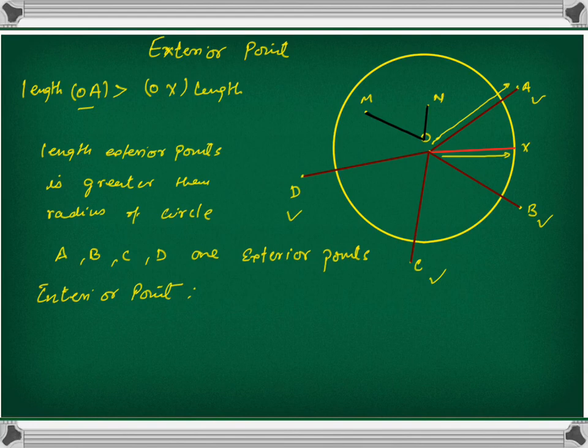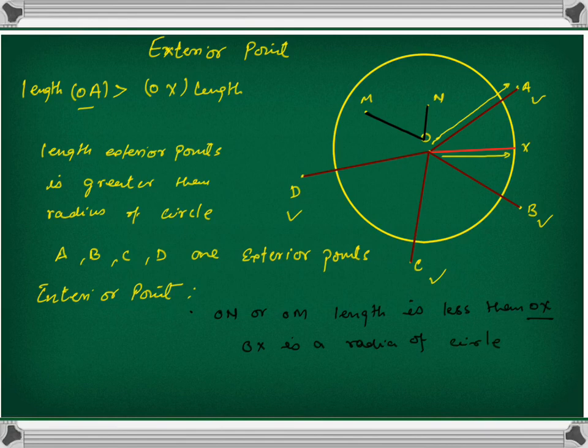So the distance from the center of the circle to the interior point is less than the radius of the circle. So the length of ON, or OM, is less than OX. OX is nothing but the radius of the circle.